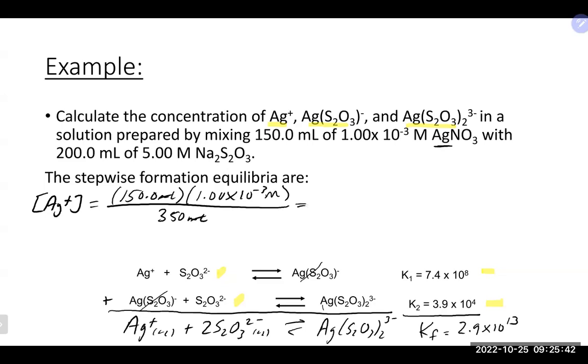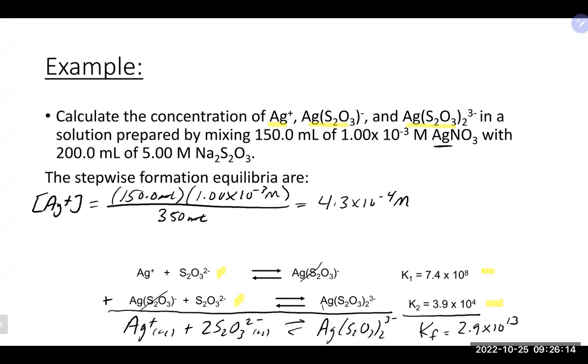That's going to leave us with molarity. That will give us 150 times 10 to the minus 3 divided by 350 would tell us that our sort of opening silver concentration, we'll call it 3 times 10 to the minus 4 molar here. Any questions on that there?